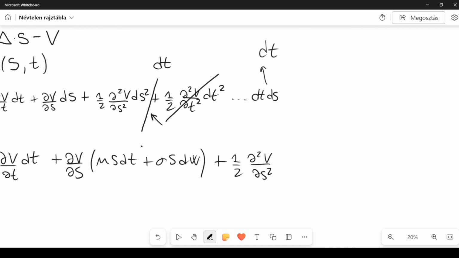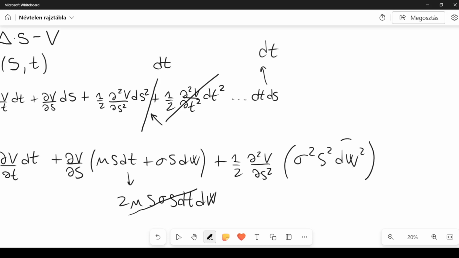And we have to remember that we can neglect higher order terms. So when we square this, we get dt squared, and that term is negligible. So also when you get the term of the kind 2 mu s sigma s dt dw, it can be neglected according to what we said earlier. So we can also neglect this. And we are left only with sigma squared s squared dw squared, and we will replace dw squared by its expectation, which is dt.